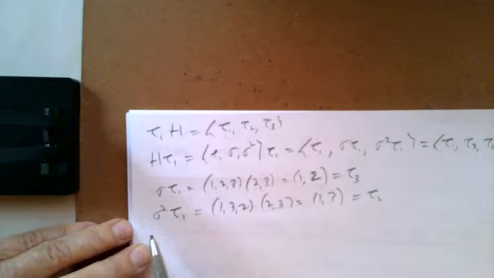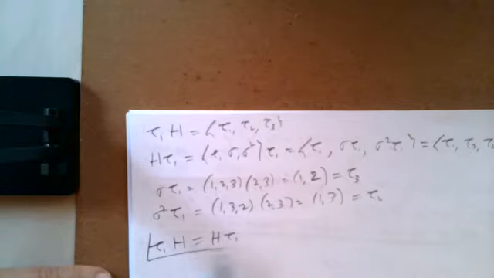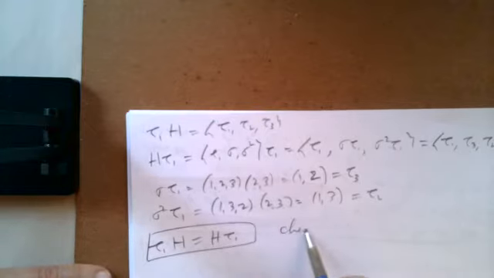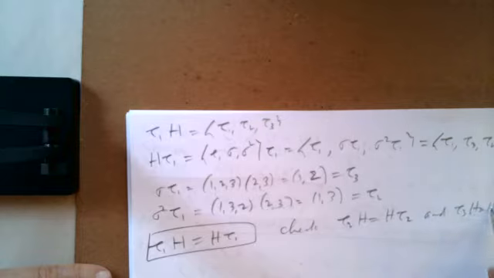It's the same set. So tau 1H equals H tau 1. And you can also check exactly the same way that tau 2H equals H tau 2, and tau 3H equals H tau 3.